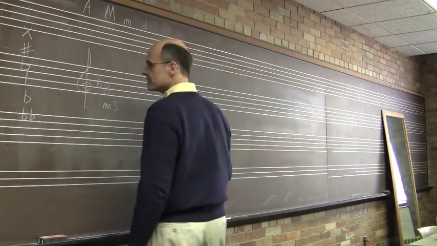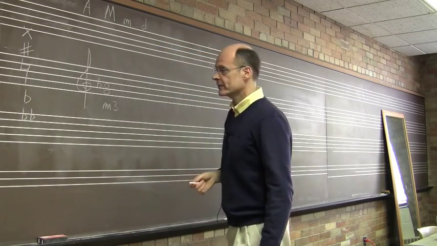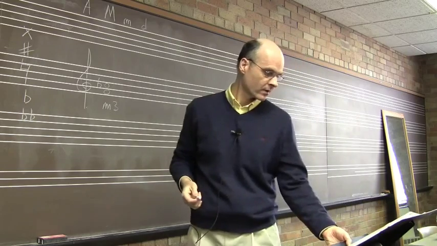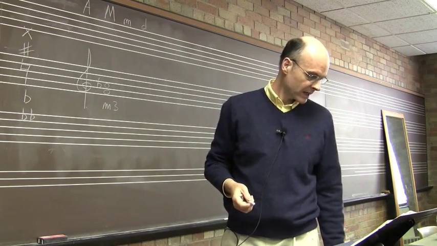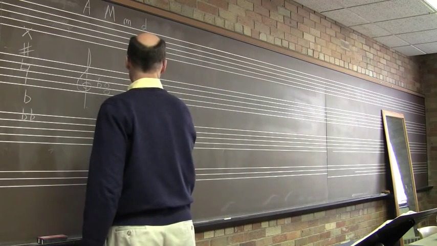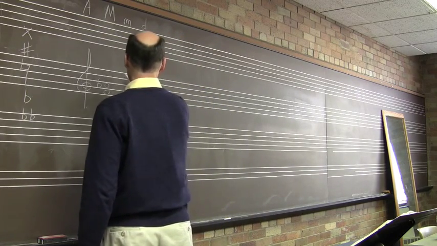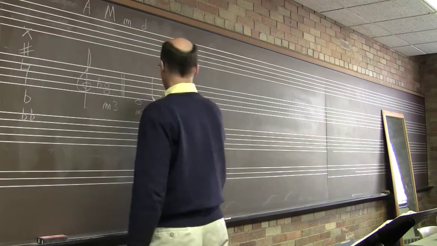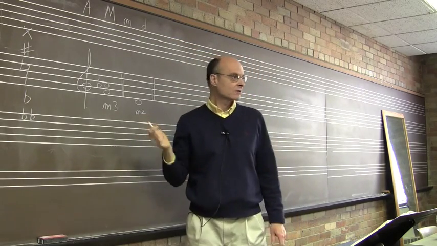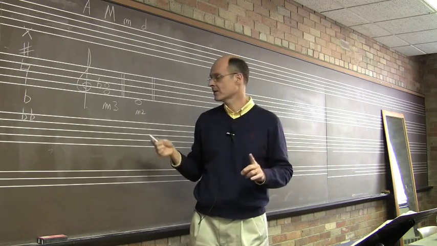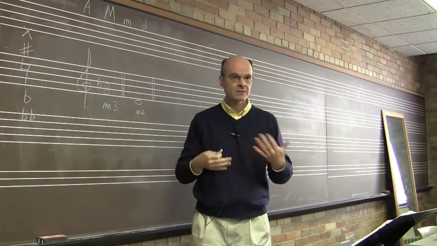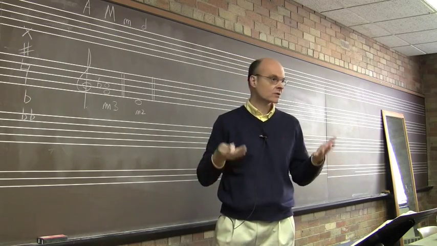All right, let's do another one. Actually, let's do a few out of the book. I'm looking at page 141 right now, and I'm going to start with this one. Looking for a minor second from D. The first thing I want you to think right now: are seconds major or perfect? In the major scale, seconds are major.